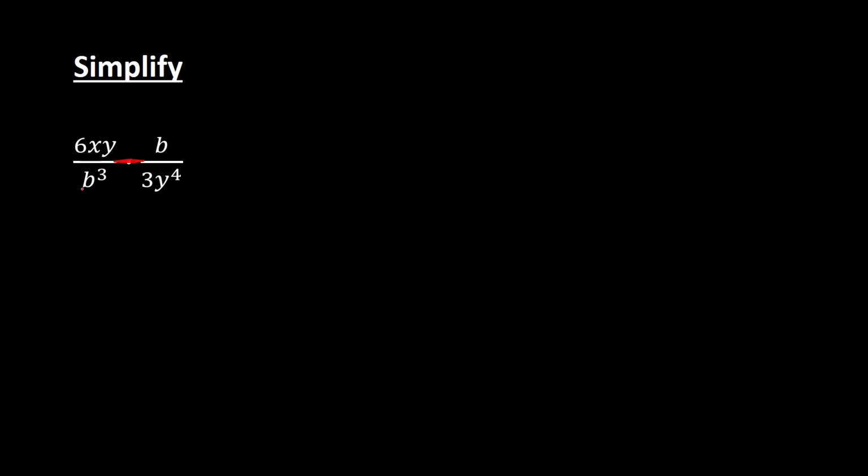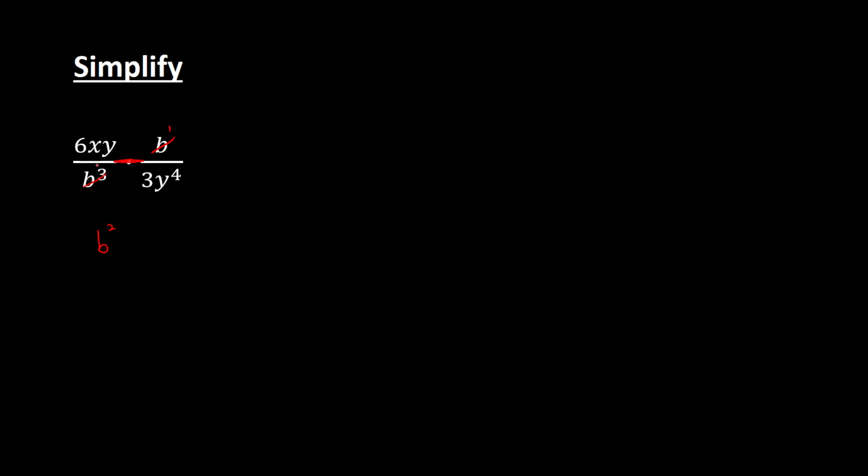So notice the b over b to the third, this will cancel. I subtract the exponents of 3 and 1 to get b squared, and it's going to be in the denominator because the 3 is bigger, and that's in the denominator.